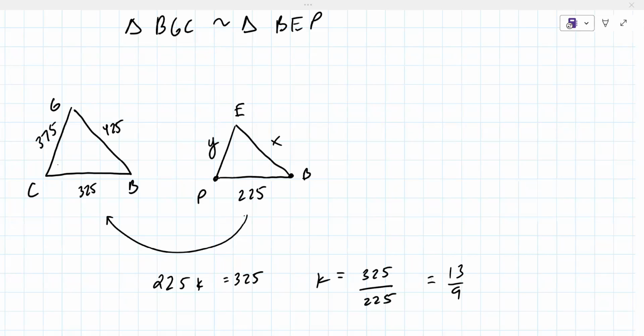Sorry, just trying to see which one I'm trying to find. Distance from B to E, so that's X. So 13 over 9 times X equals 425. So X equals 425 times 9 over 13. I don't know if that's going to work. Yeah, so that's not a nice number again.